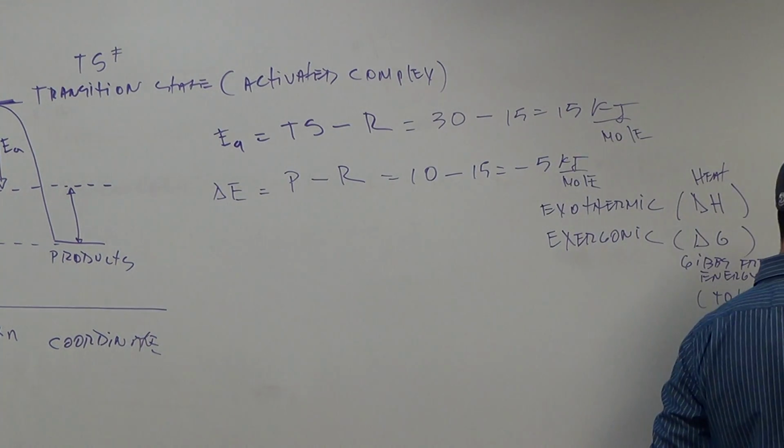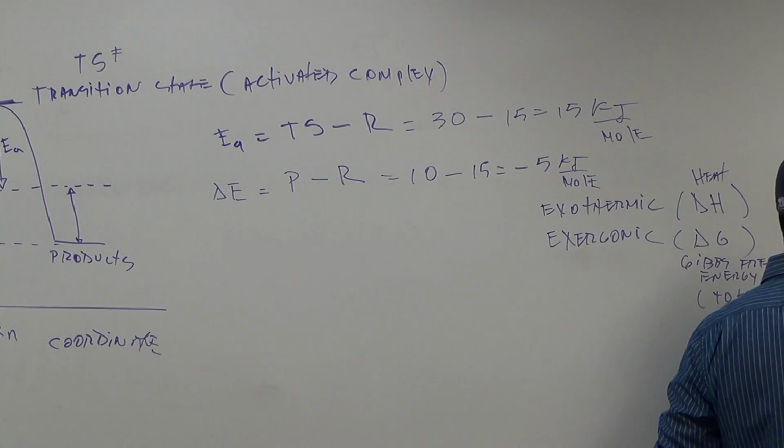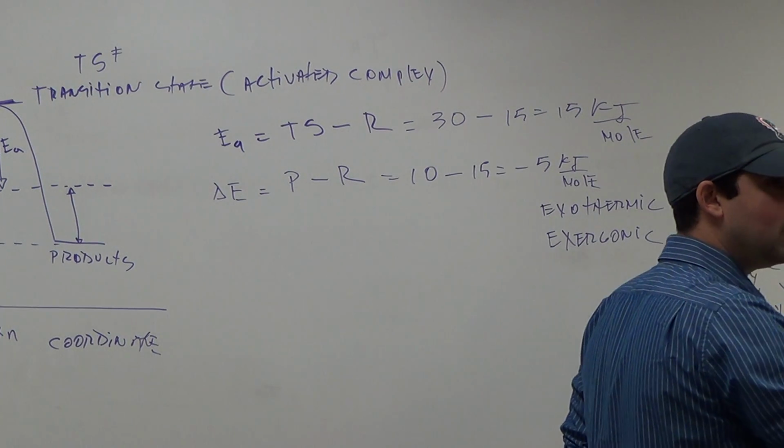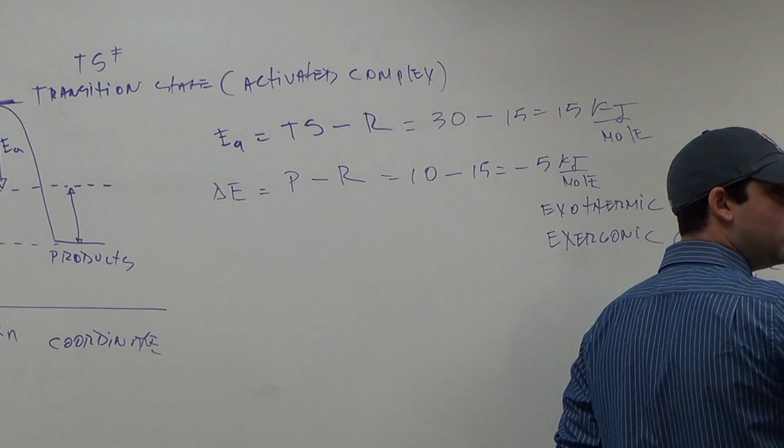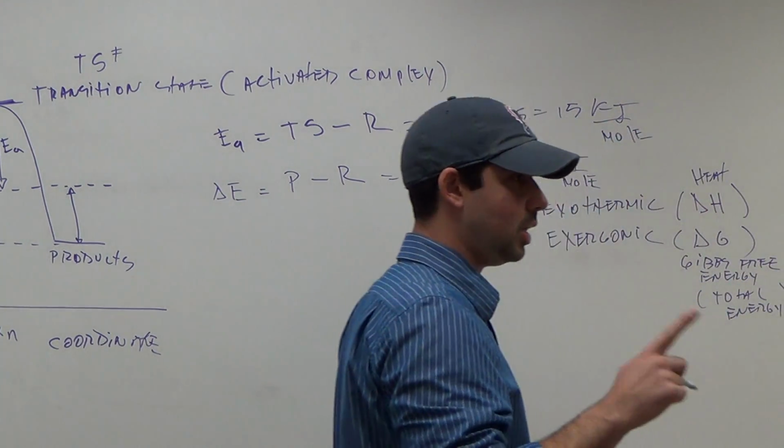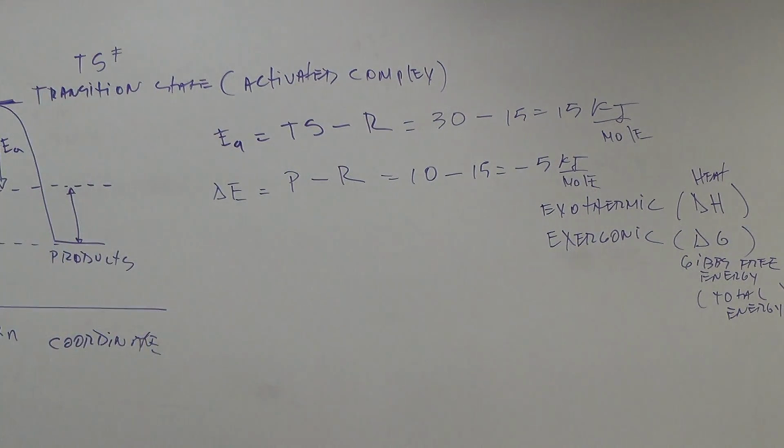But let's talk about breaking ATP. When you break ATP, does it require energy or does it release energy? It requires energy. 100% guaranteed requires energy. You know how much? 16 kilojoules per mole. That's how much energy is required to break the oxygen-phosphorus bond.